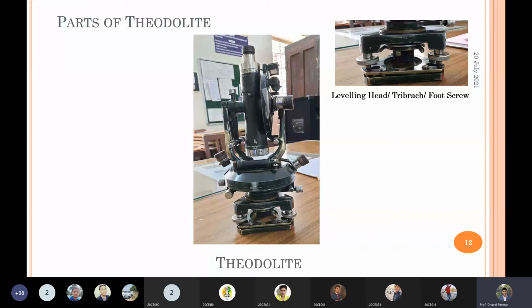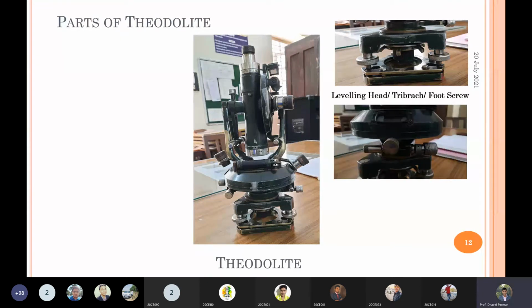After installing on the tripod, you can see these clamps and tangent screws. This is the clamp, and this one is horizontal. This clamp is used for the motion of the graduated ring. The plates are movable. If you want to fix the plate, this clamp is used to fix, lock or unlock the upper plate and the lower plate. On both sides there is a clamp.